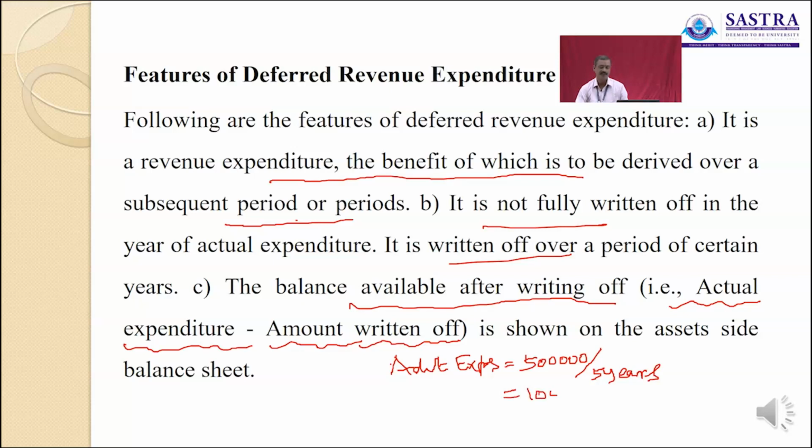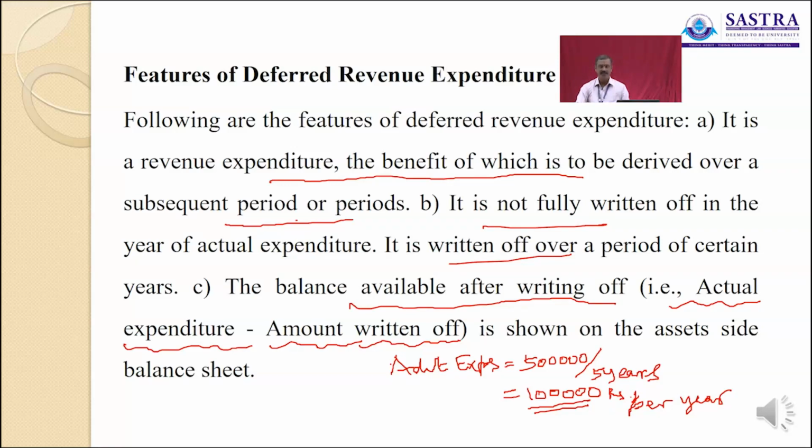So take it as 5 lakhs divided by 5 years, so 1 lakh rupees per annum, or per year. See, this 5 lakhs rupees is spent on advertisement expense in advance for 5 years, agreed with one media. Say for 5 years, the per year expenditure will be 1 lakh.